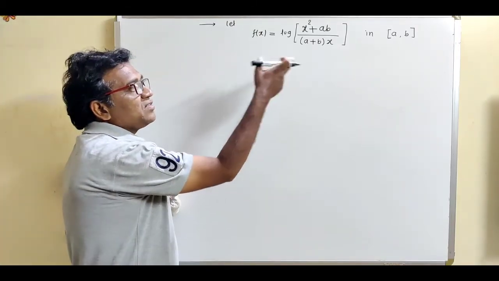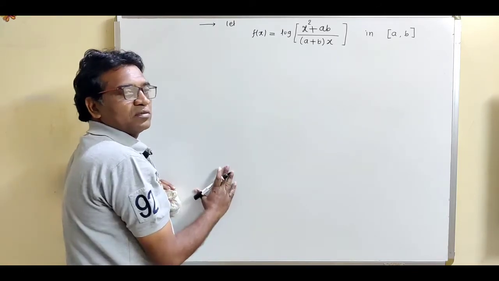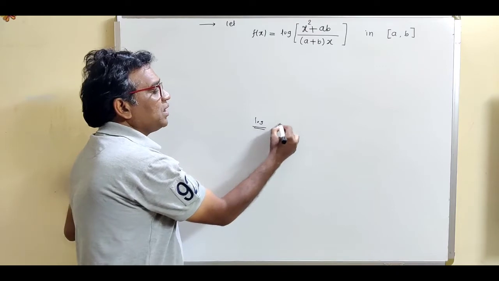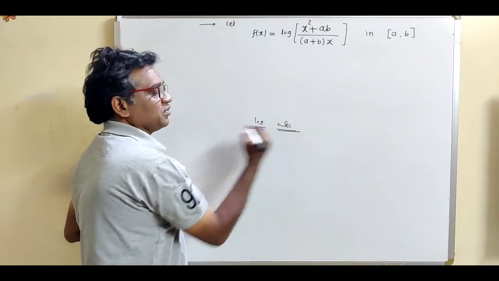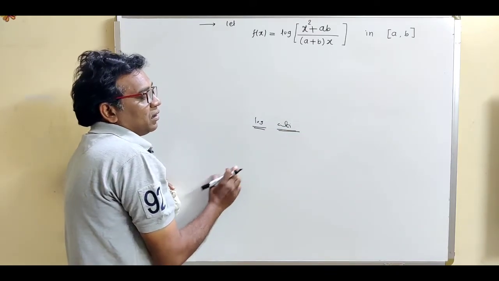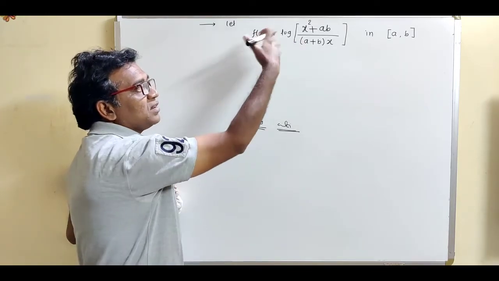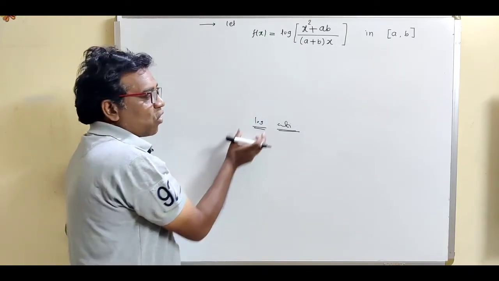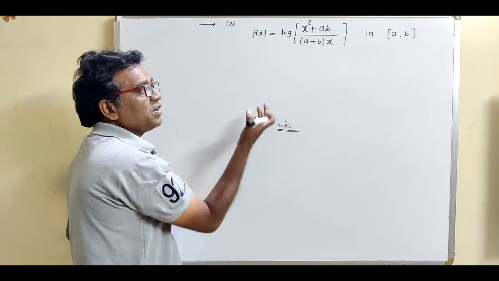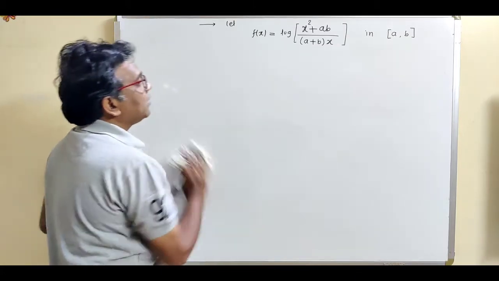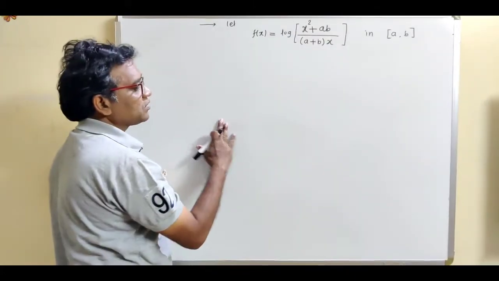This function is a logarithmic function, and we know that a logarithmic function is always a continuous function. So we can directly write here that f(x) is a continuous function.